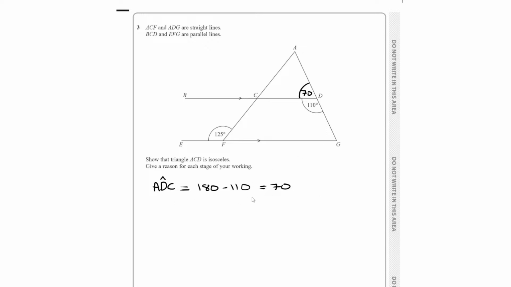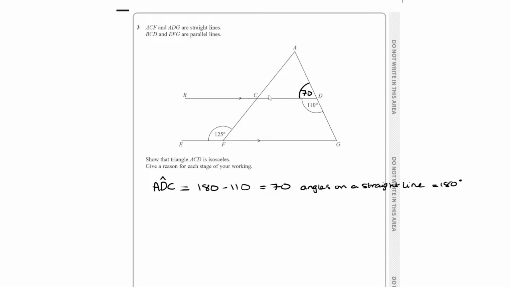Now they've said give a reason for each stage of your working. So you would write down, again, not even a full sentence, just angles on a straight line. Just going to bring it over here. You can say add up to 180. I just put equals, because it's a bit easier. Equal 180, don't they?